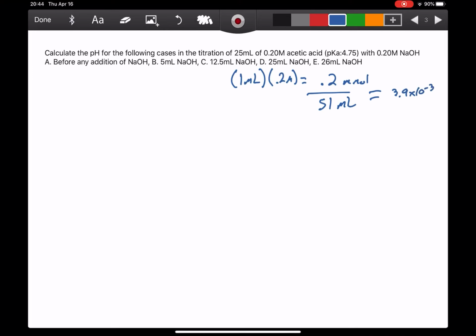So now we can use this equation. pH is equal to 14 minus pOH, which is going to be the opposite of log of the concentration of sodium hydroxide, which will in this case be 3.9 times 10 to the negative third, which comes out to be 11.59. And that is how we solve for the various points in a titration curve.